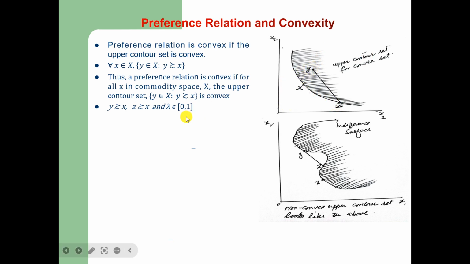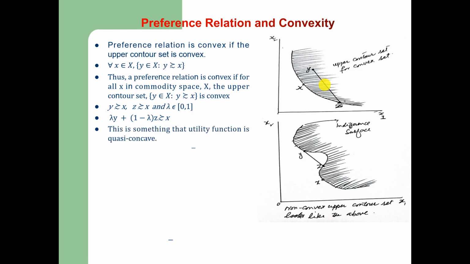And if we take the linear combination of y and z, where lambda is in the interval 0 and 1, such that lambda y plus 1 minus lambda z is at least as good as x. So any point in between here is also at least as good as x. This shows that the utility function is quasi-concave.